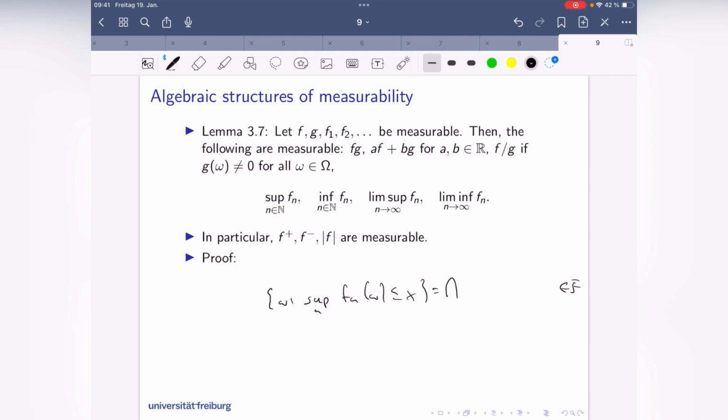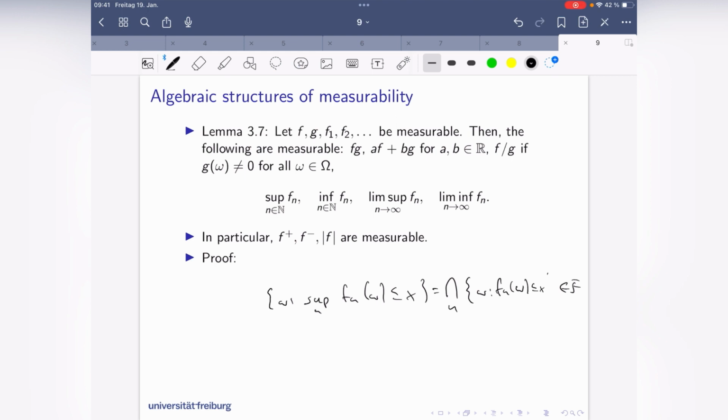Okay, but if a sup is smaller or equal to x, what does that mean? That means that all of these here have to be smaller or equal to x. I wanted to say fn of omega is smaller or equal to x.